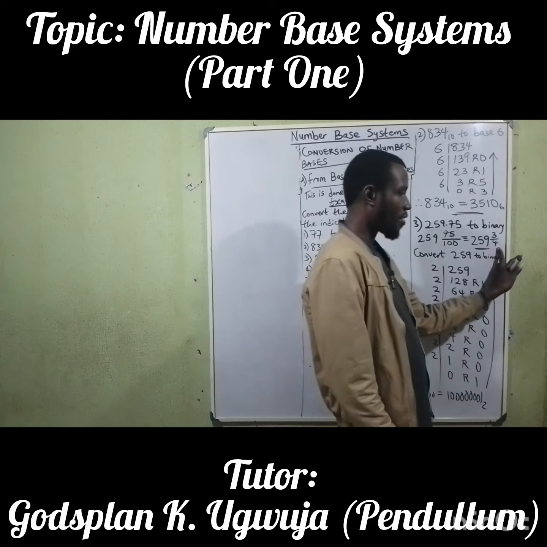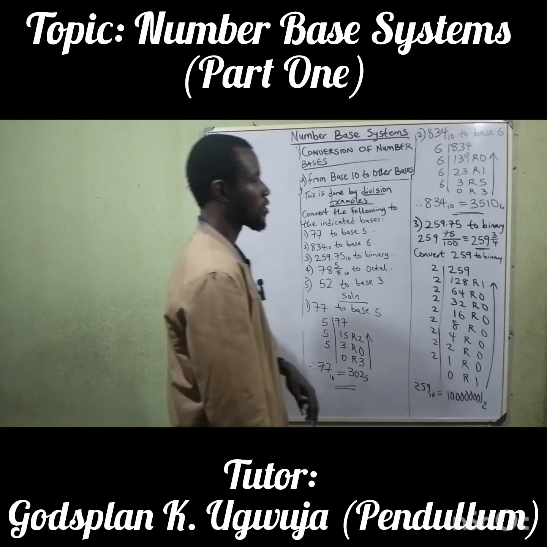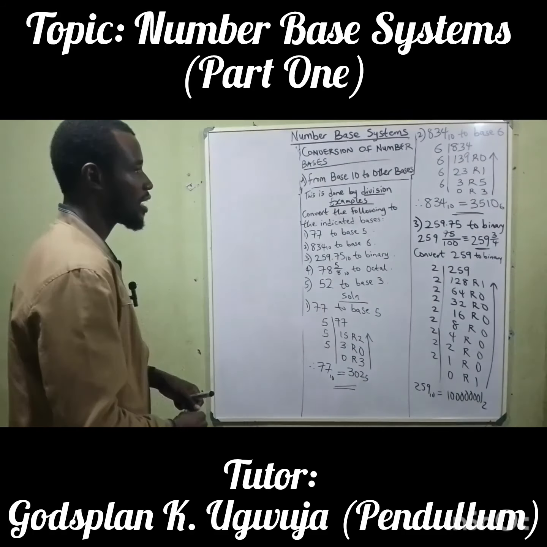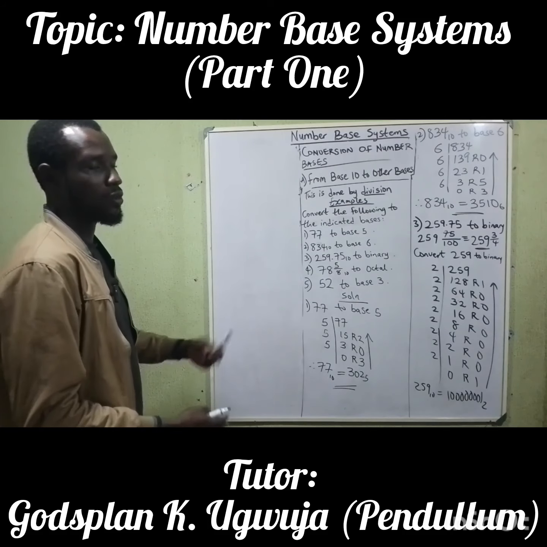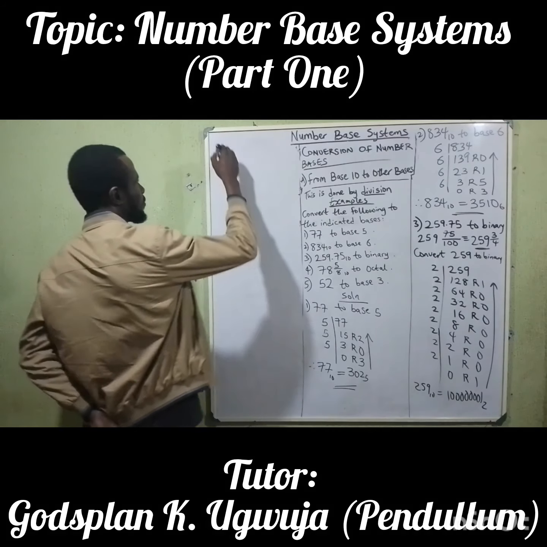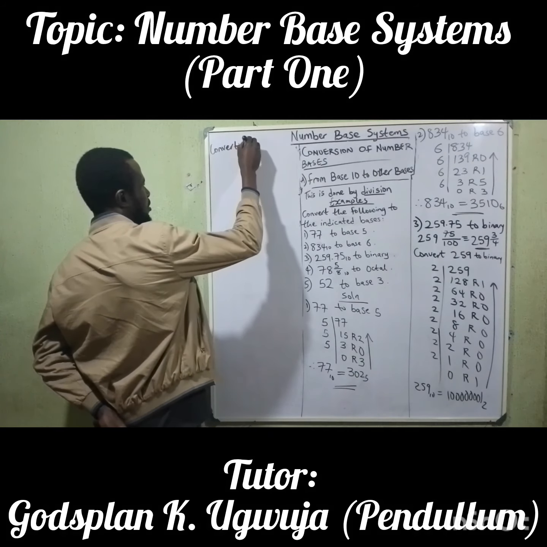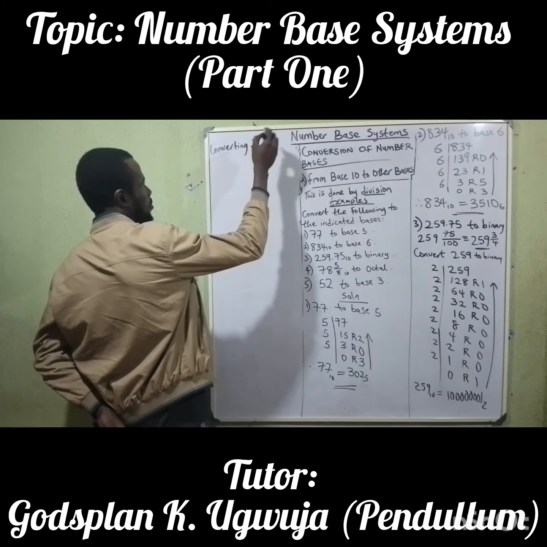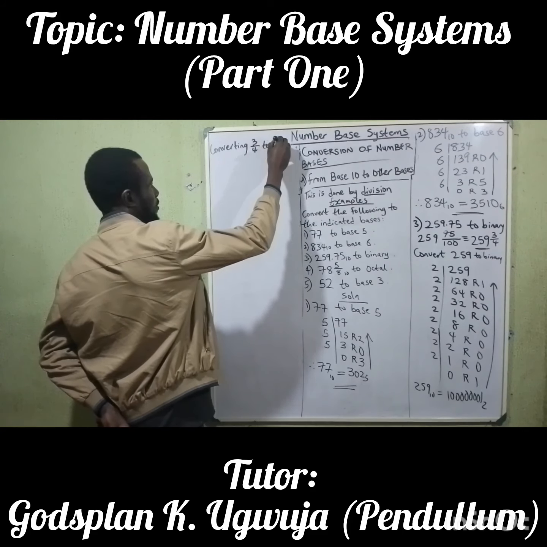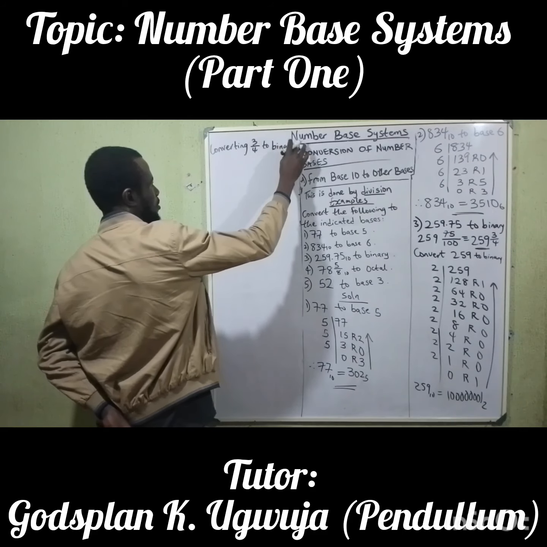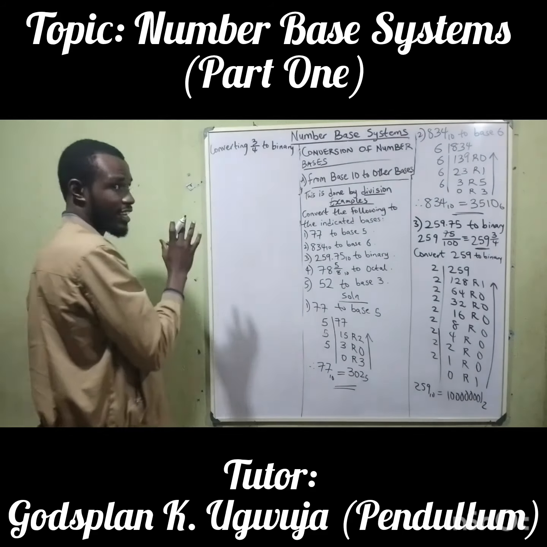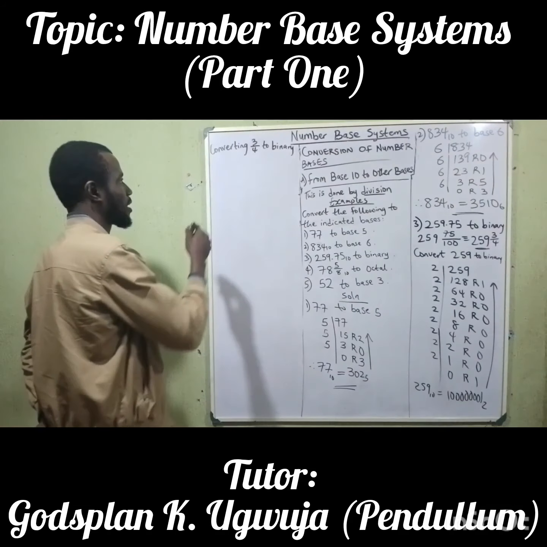Then we are still going to convert 3 over 4 to binary. We convert 3 to binary, we convert 4 to binary. So converting 3 over 4 to binary, we'll convert 3 to binary, then we'll convert 4 to binary.